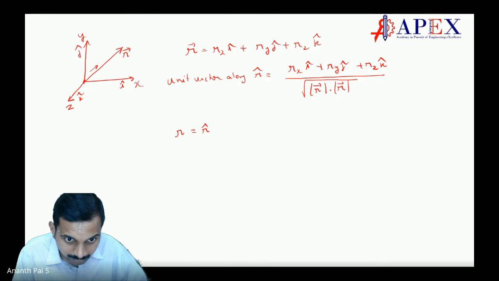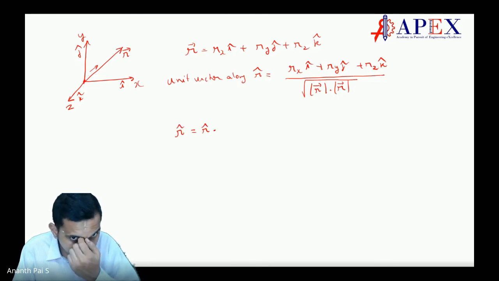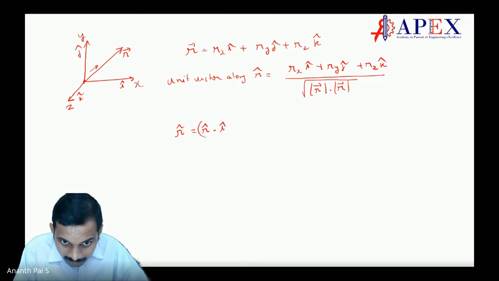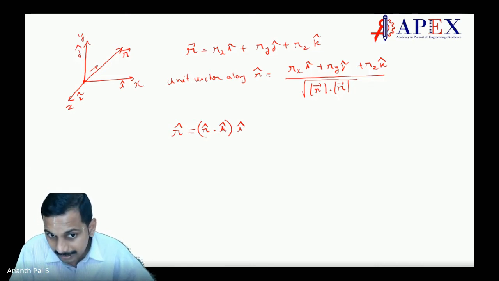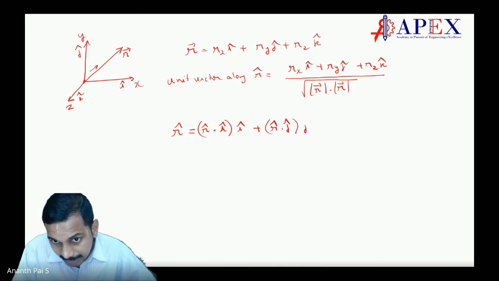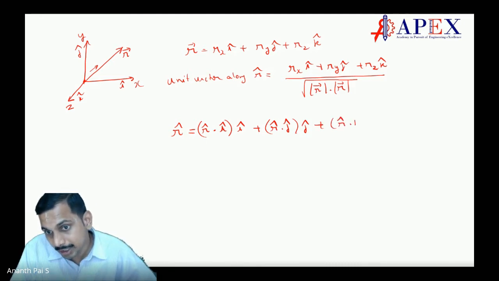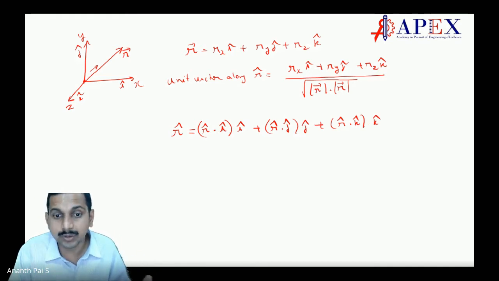R cap is equal to R cap dotted with i in the direction of i, plus R cap dotted with j in the direction of j, plus R cap dotted with k in the direction of k. This is how the unit vector can be written.